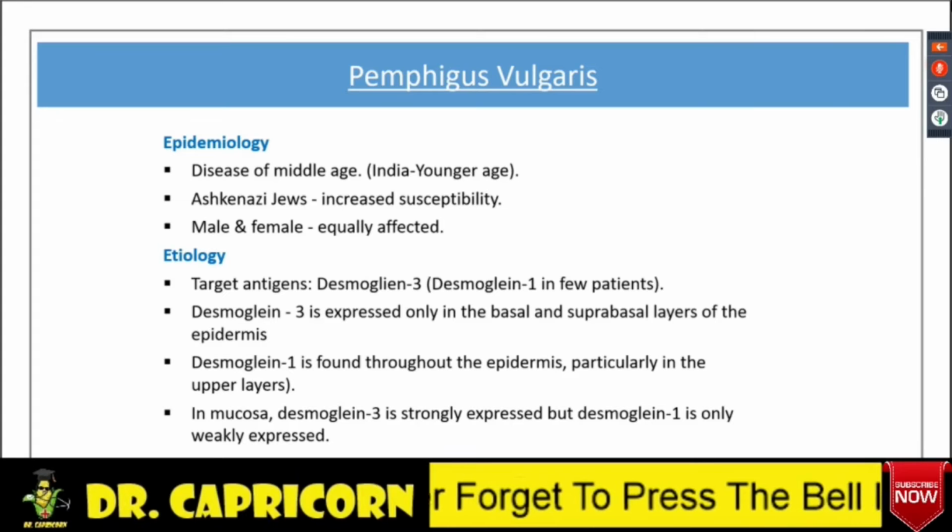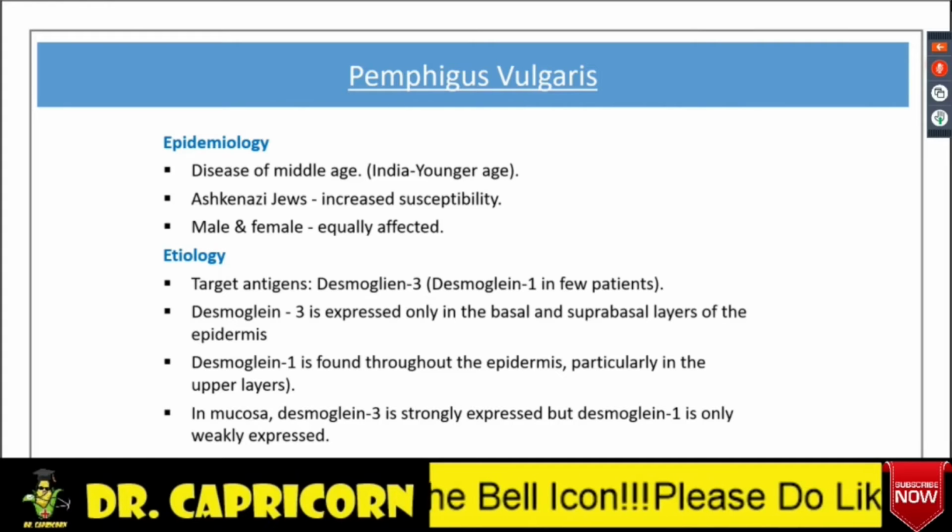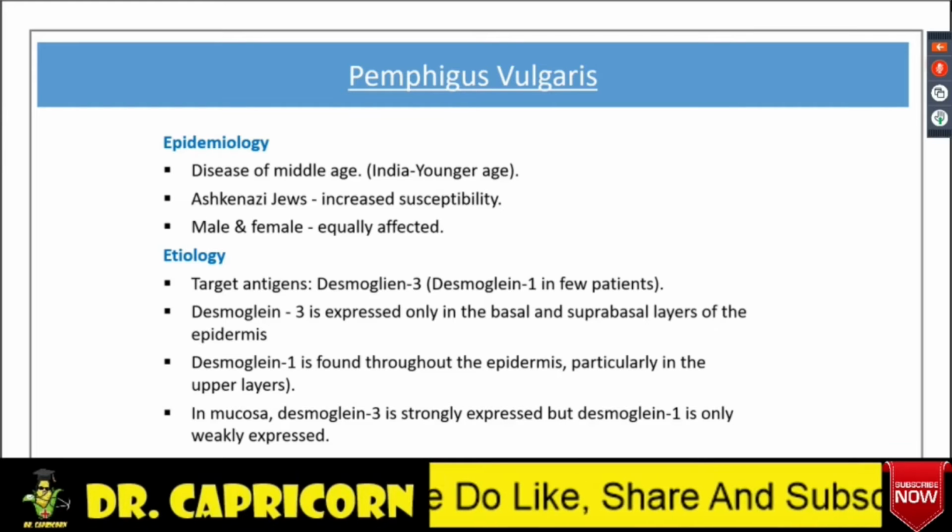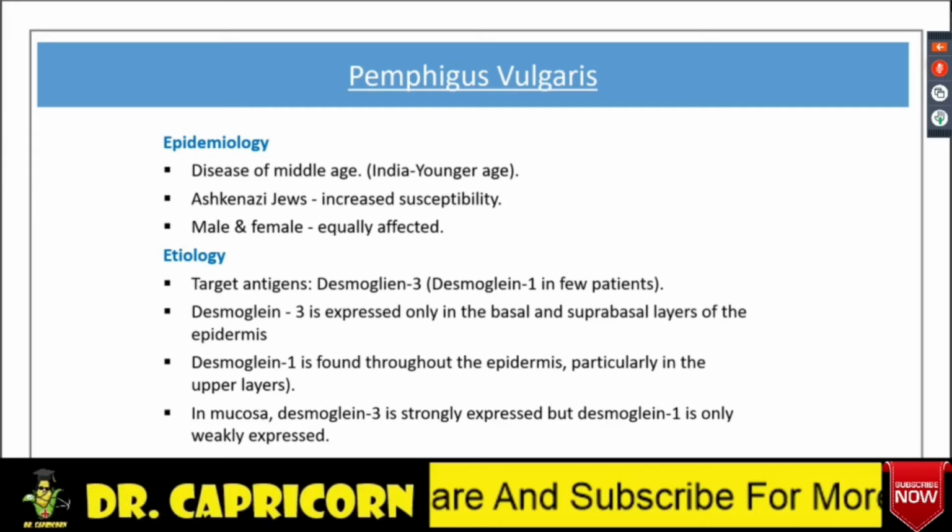In the oral, genital and nasal mucosa, desmoglein 3 is strongly expressed, but desmoglein 1 is weakly expressed. So in pemphigus vulgaris, you get mucosal involvement as it mainly targets desmoglein 3, while in pemphigus foliaceus, you don't get mucosal involvement as only desmoglein 1 is targeted.